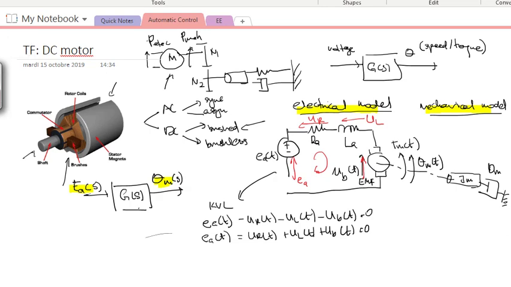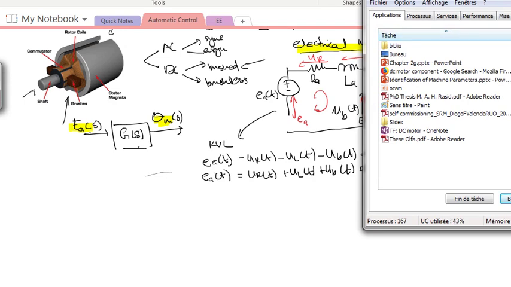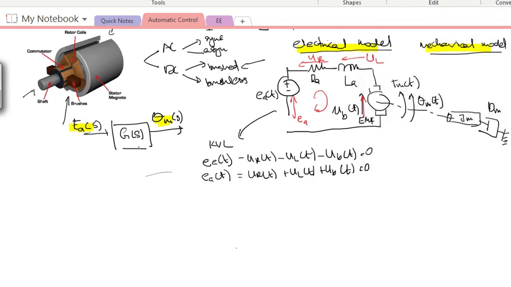So we have to develop these, because we don't know the values of UB, UR and UL. Using Ohm's law, we know that URT is basically RA multiplied by the current IAT. The current is the current that comes out of the power supply, I call it IA, and circulates in the loop. And then ULT.